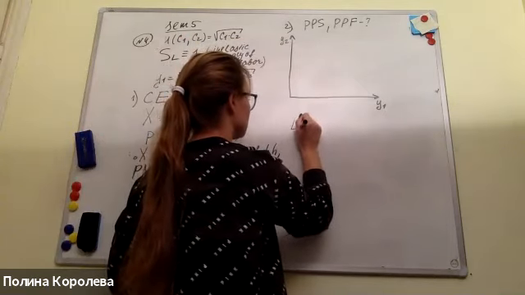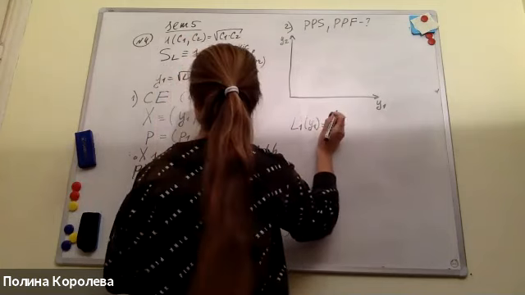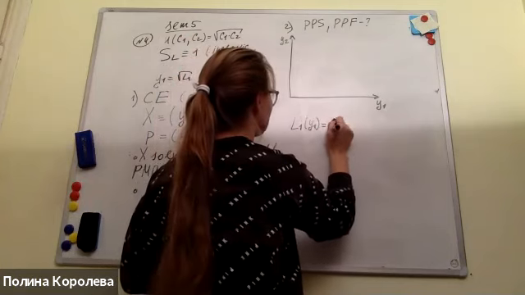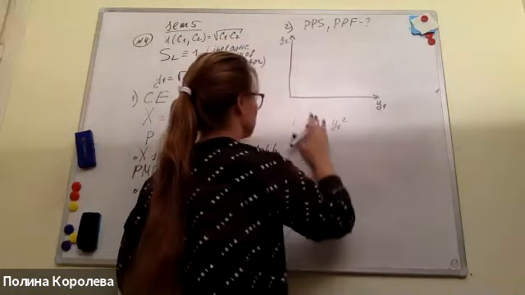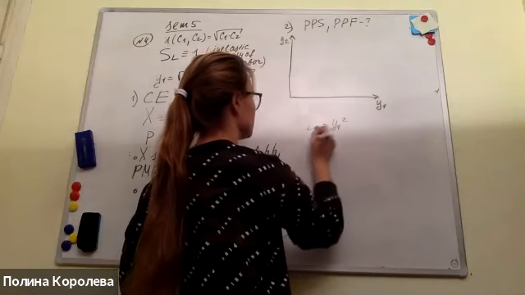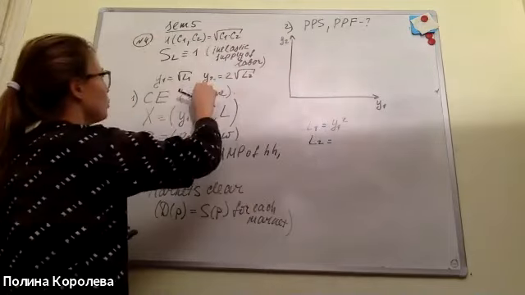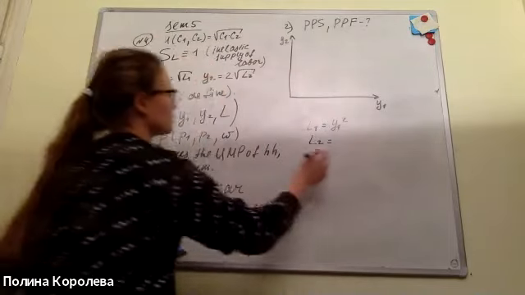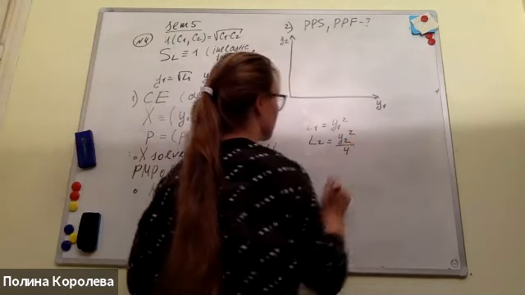The workers that we need to produce good 1 will be how much? L1 will be Y1 squared. L2 will be how much? Y2 divided by 2, squared. So it will be Y2 squared divided by 4.